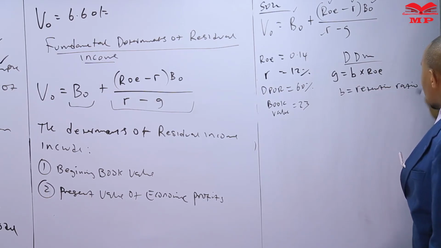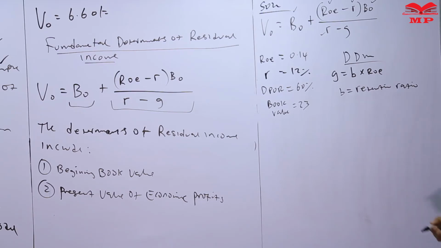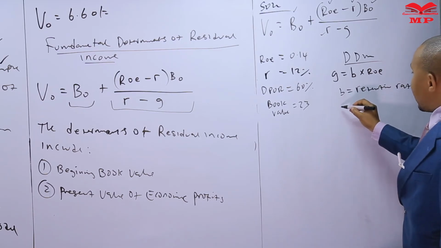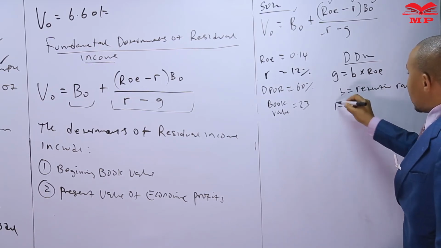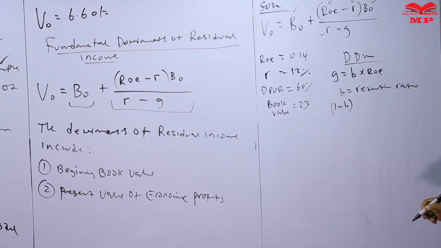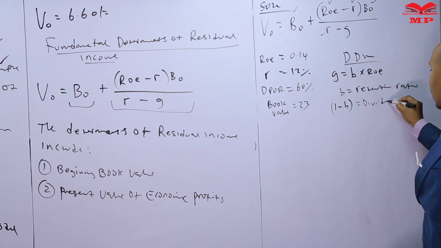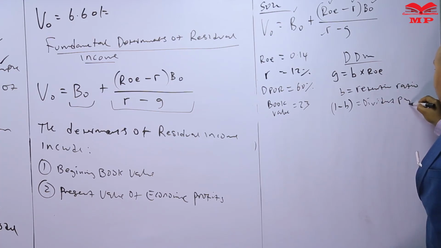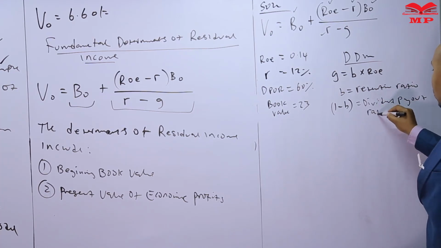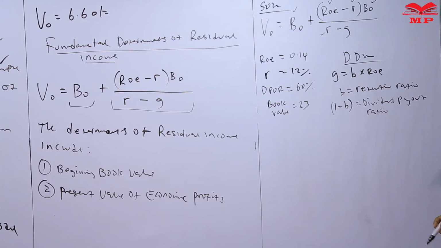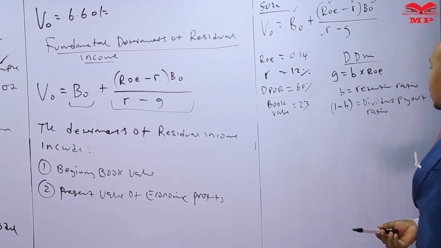So we need to recall this. If b is the retention ratio, 1 minus b is the dividend payout ratio, and we have it right here as 60%.